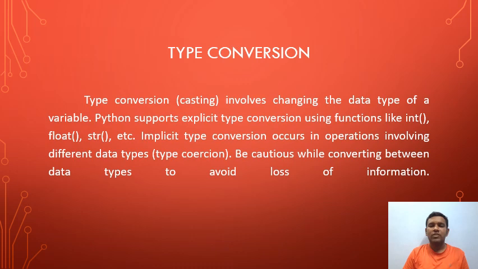Implicit type conversion occurs in operations involving different data types, also known as type coercion. Be cautious while converting between data types to avoid loss of information. When there is a conversion between two different data types, there can at times be loss of information, and this has to be carefully checked by the programmer while writing code.